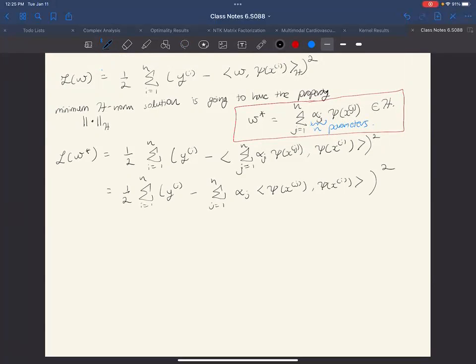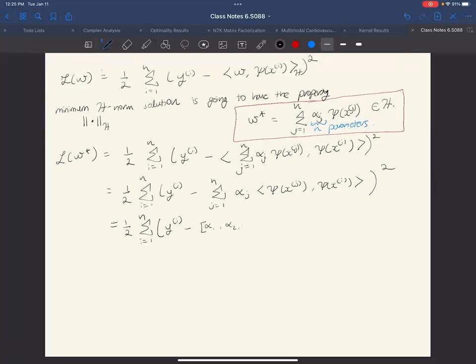Great. Now it becomes clear that this is starting to look more like a linear regression problem. In fact, we can even write it this way. Let's start grouping some of these terms. We have our y_i. Instead of writing this as a sum, I'm going to recognize this as a product of two giant vectors.